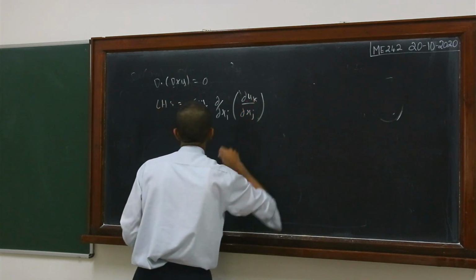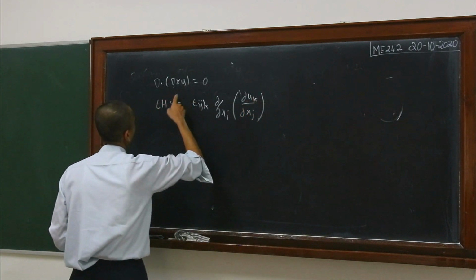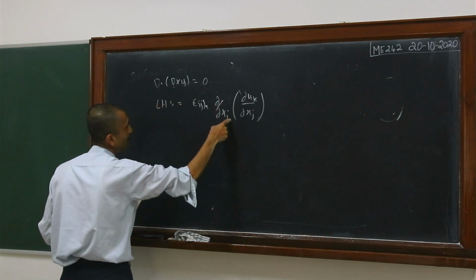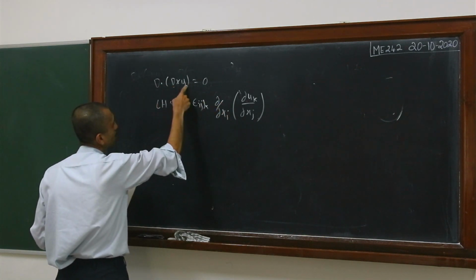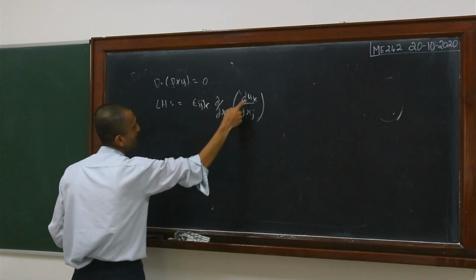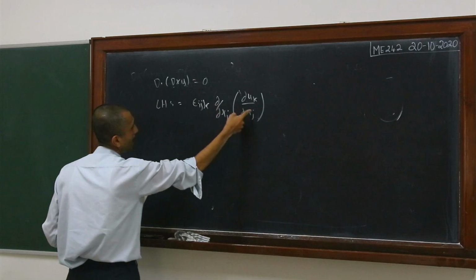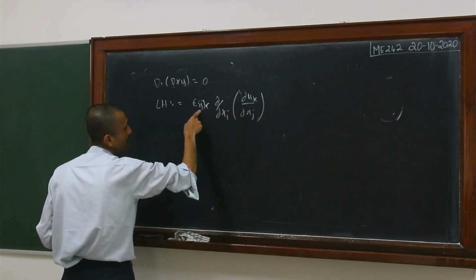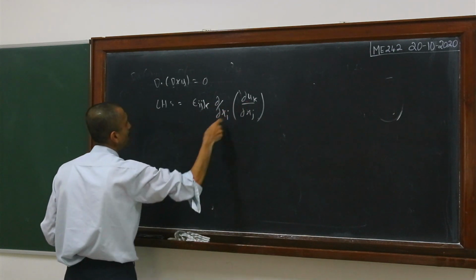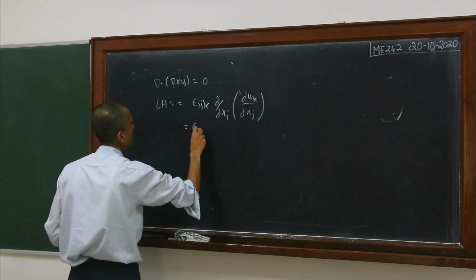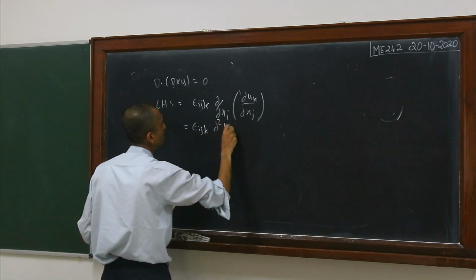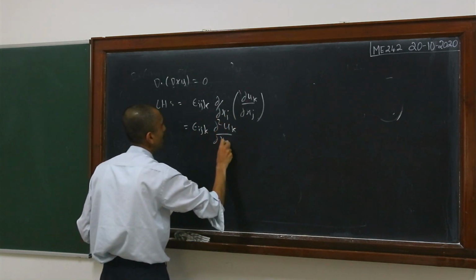I've directly written it: the del dot, so that is del by del xi, then del cross u, the ith component, is epsilon ijk times del uk by del xj. So I have pulled the epsilon ijk outside of the gradient operator here, right? Then after this, it is very similar to one of the previous proofs. So this is del square uk by del xi del xj.